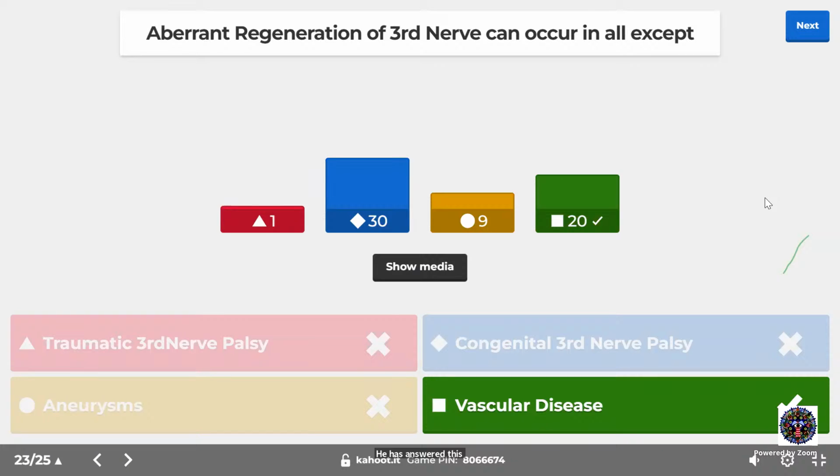So, see, aberrant regeneration is very common with trauma, as classically described in textbooks. It can also occur in a congenital third nerve palsy, because I know many will answer congenital, and it can occur with aneurysms also. Vascular disease, either diabetic or hypertensive mononeuropathy, will never have aberrant regeneration. So when you come across a vascular disease, recovery is going to be full and spontaneous. So this is the answer.